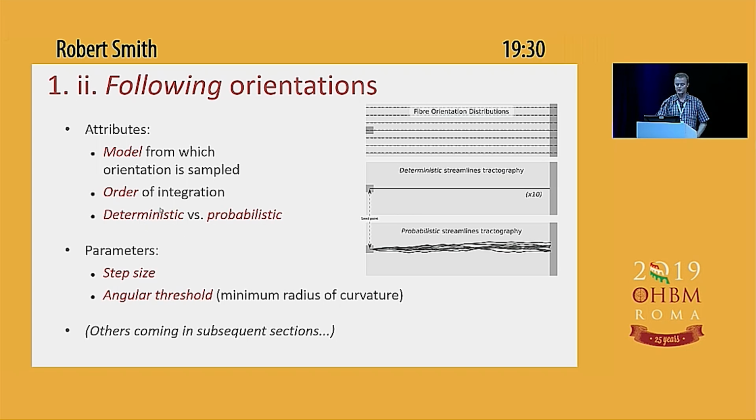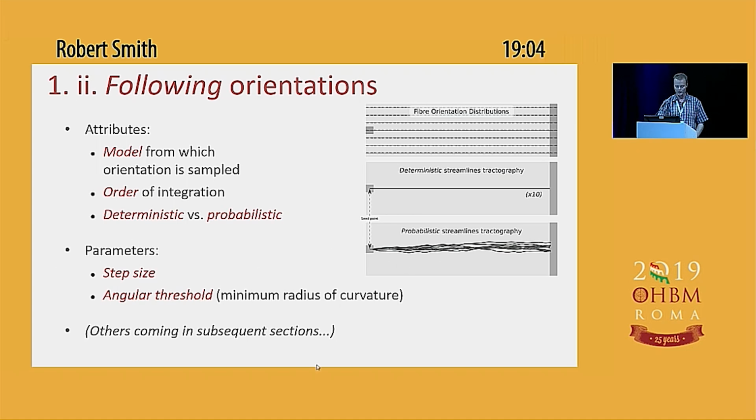Alex mentioned previously the distinction between deterministic and probabilistic tractography, so that's shown on the right here. For deterministic tractography, if I generate 10 streamlines from the same starting location, I get the exact same streamline 10 times, whereas with a probabilistic algorithm, I get 10 unique trajectories because for each one, it's making independent samples of the underlying uncertainty in the orientation.